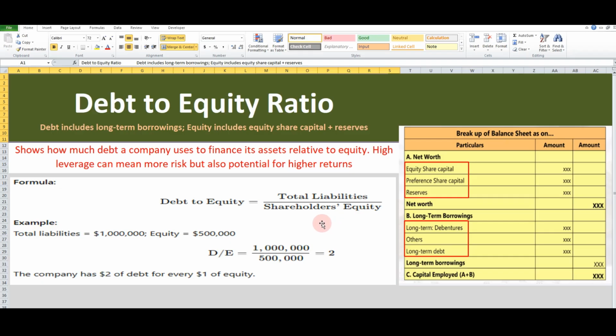Shareholder equity, we can also take from the balance sheet. For example, total liabilities $1 million, equity 5 lakh. So 1 million divided by 5 lakh is equal to 2. The company has $2 of debt for every $1 of equity.